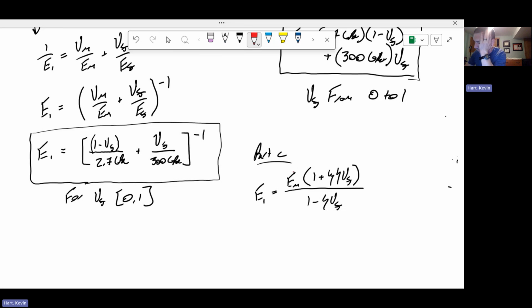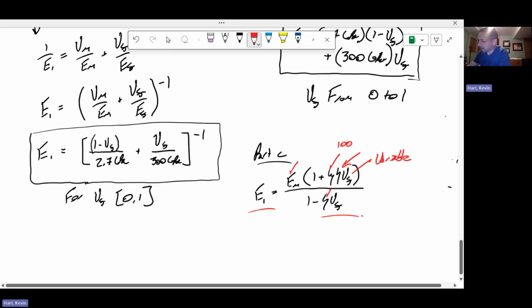All of these things are generally known. EM is known. Xi, we're told, is 100. Eta can be calculated directly. VF is your variable, and eta is known.